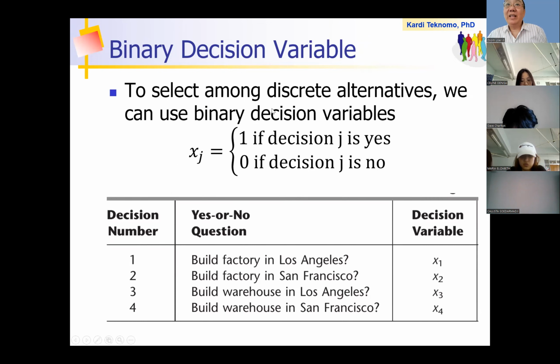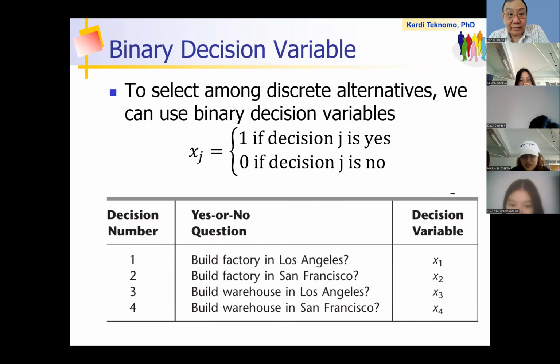So any variables that involve a decision to be yes or no, then you can create integer programming. Then you just set this variable to be binary. So up to here, is that clear or not?